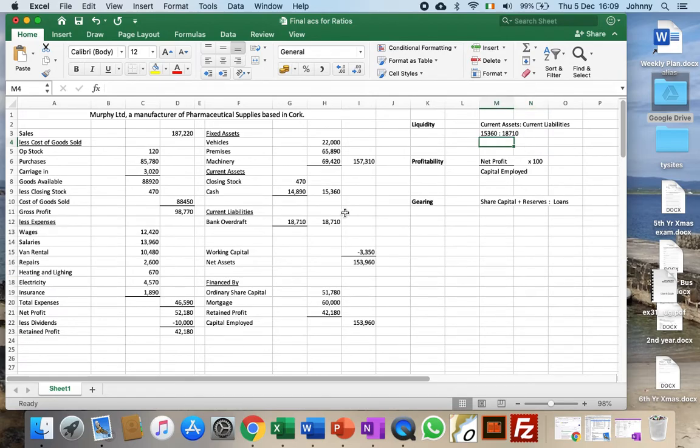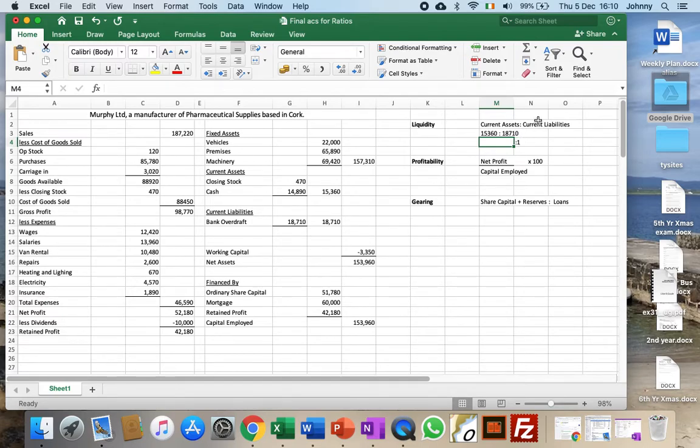So what do I do maths wise here? I want to try and end up with a sum that has 1 on the credit side. So I have 1 on this side, where I have the 18,710. On the other side it'll be something to 1. So how do I make this side something to 1? What I do is divide both sides by whatever the current liabilities are.